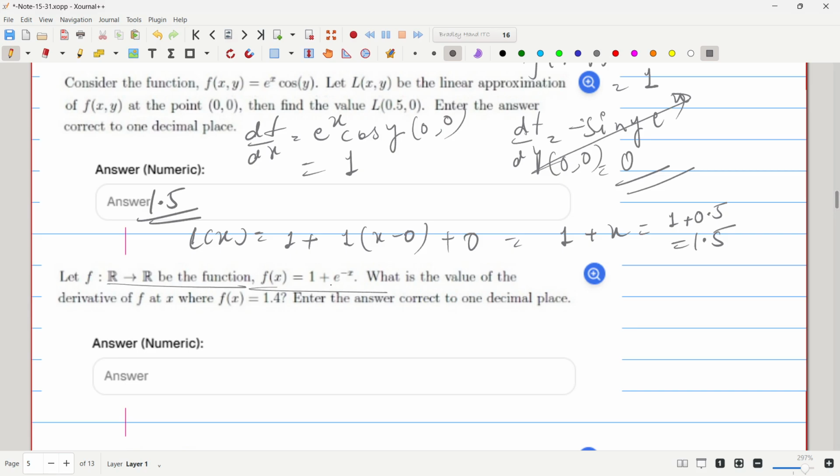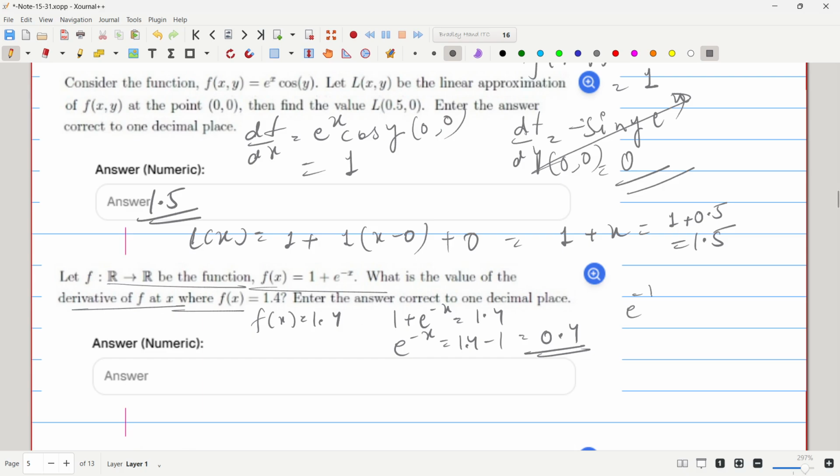Now this is a function f(x) is 1 plus e raised to the power x, and what is the value of the derivative of f at x where f(x) is 1.4. So f(x) is 1.4, so I can say 1 plus e raised to the power x is 1.4. And e raised to the power x is 1.4 minus 1, that is 0.4.